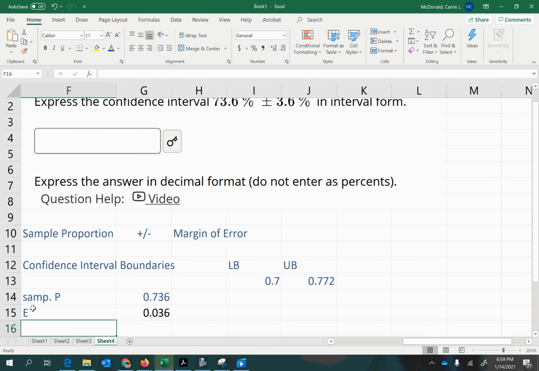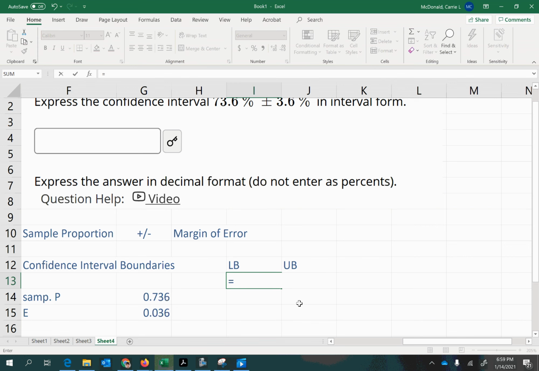Then you only have to do that conversion one time for each of them. And then you can come over here and do the calculation by clicking on these cells instead of having to retype. So now I'll click on my sample proportion minus the margin of error, and equals my sample proportion plus the margin of error.